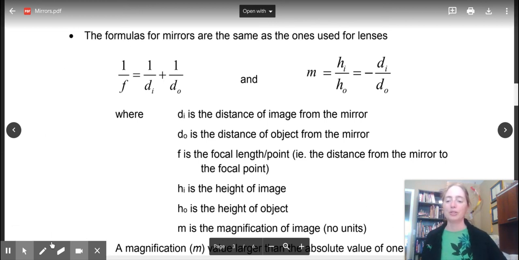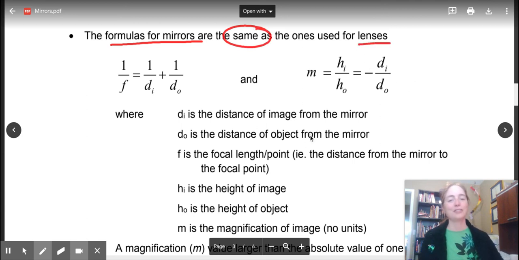Okay, so as you guys will see, the formulas that we're using are the exact same as what we used for the lenses. So you can find them on your beautiful data sheets. Okay, so we've got one over our focal length is going to equal 1 over the distance of the image plus 1 over the distance of the object.